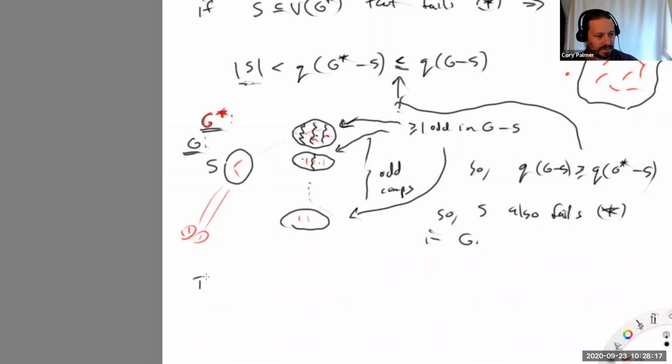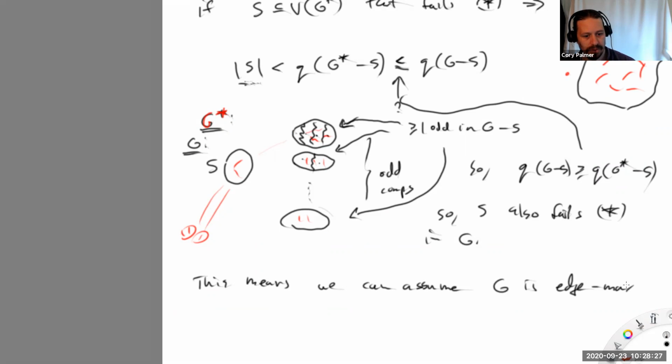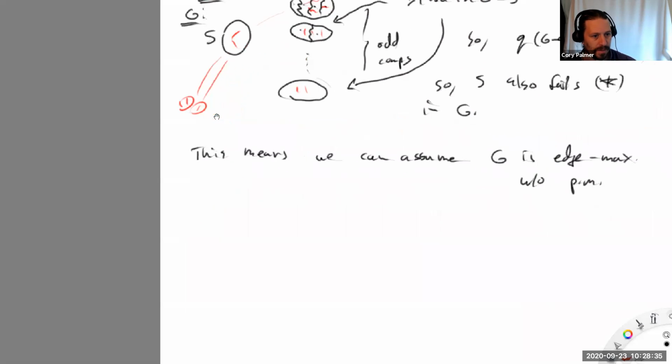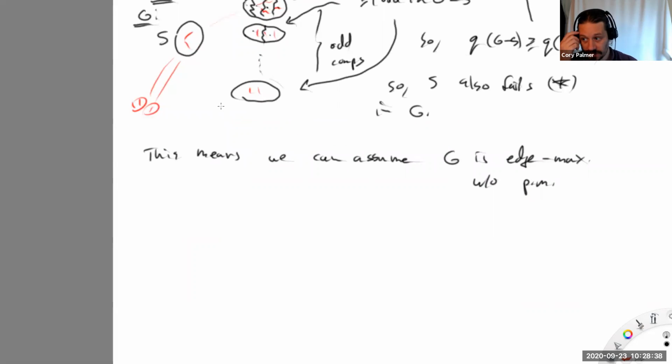So this means we can assume G is edge maximal. So I won't talk about G star anymore. Edge maximal without a perfect matching. And that'll be crucial. Because if we can find this set here, from now on we're going to be trying to find a perfect matching to get the contradiction.